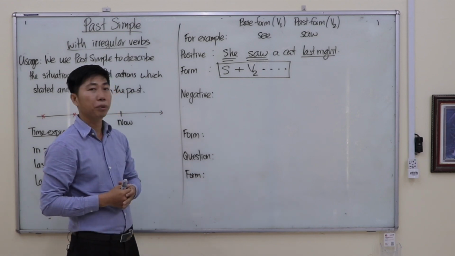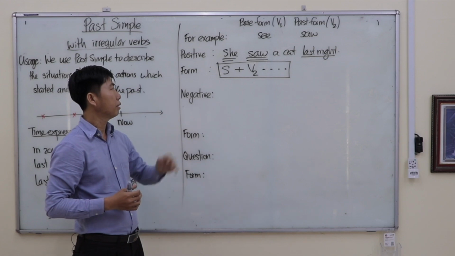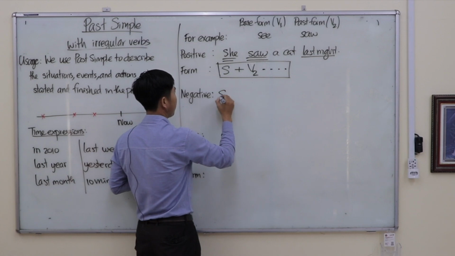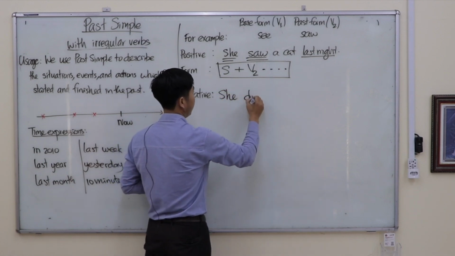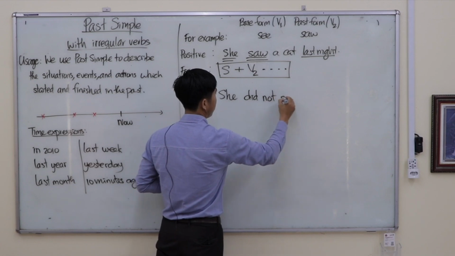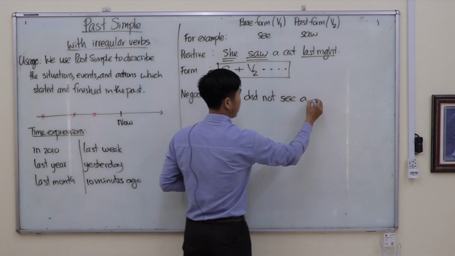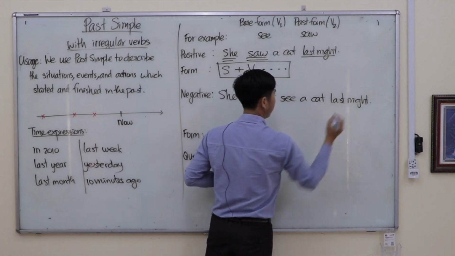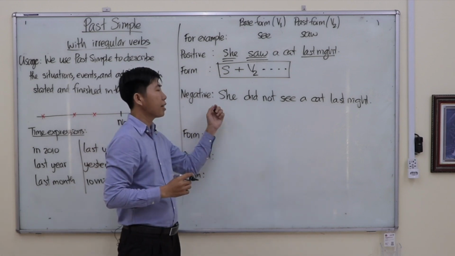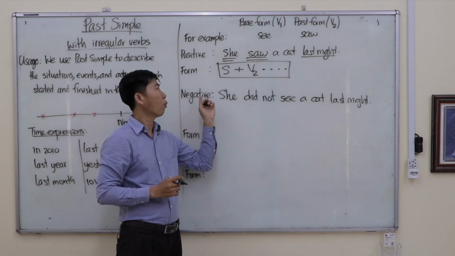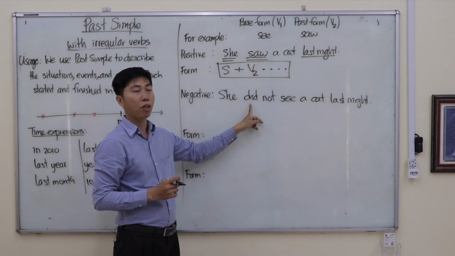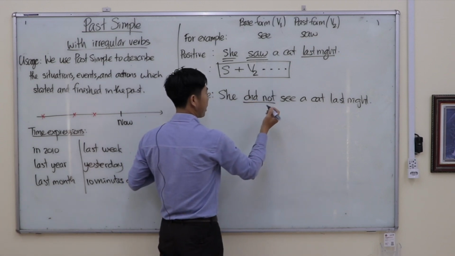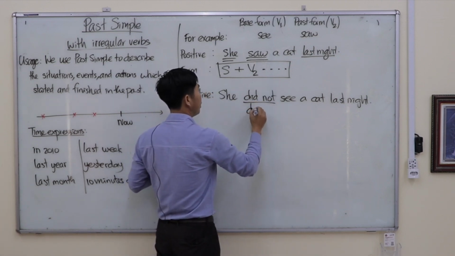Now let's go to the negative form. How can we make negative? In this sentence, we can say she did not see a cat last night. When we want to make negative, we have to use a helping verb. So we use did not to make negative, or in a short conversation, we usually say didn't.